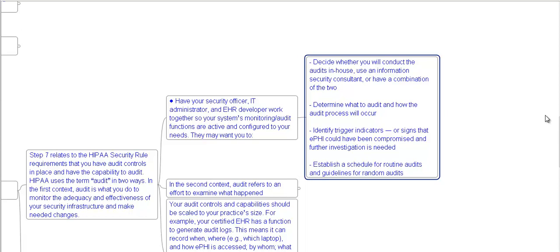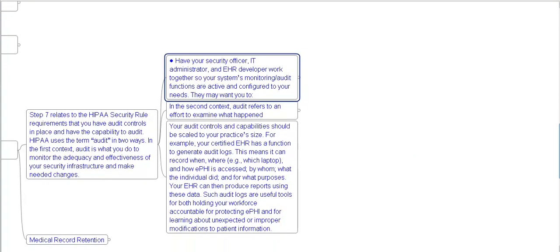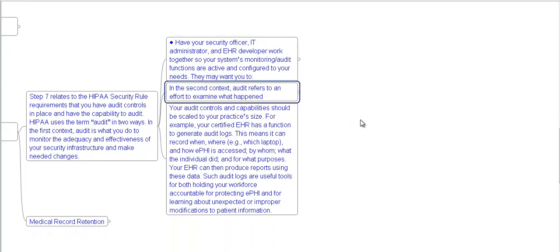Determine what to audit and how the audit process will occur. Identify trigger indicators or signs that ePHI could have been compromised and further investigation is needed. Establish a schedule for routine audits and guidelines for random audits. In the second context, audit refers to an effort to examine what happened.